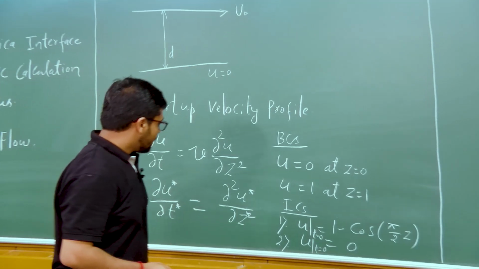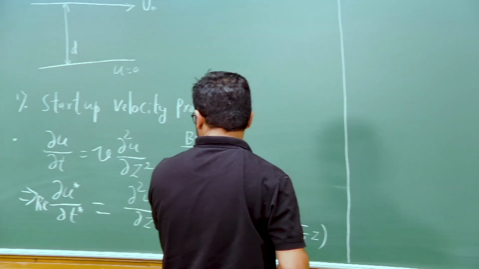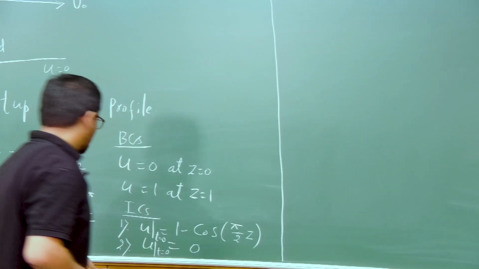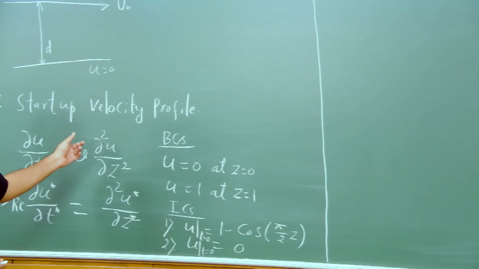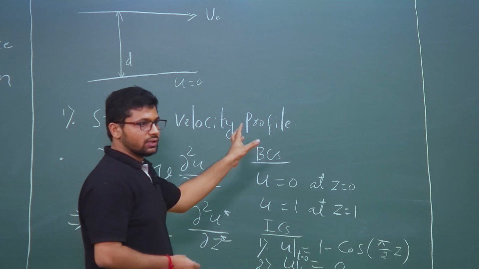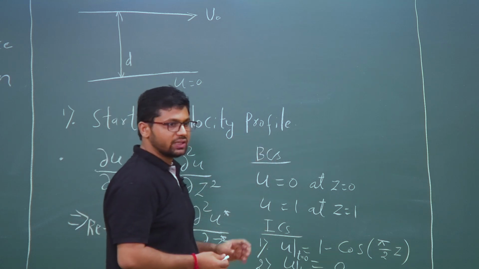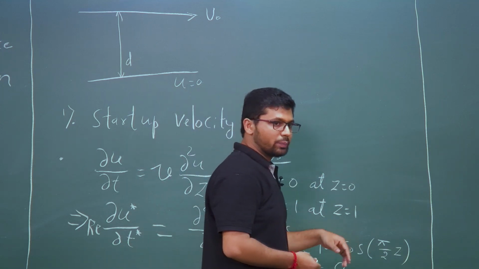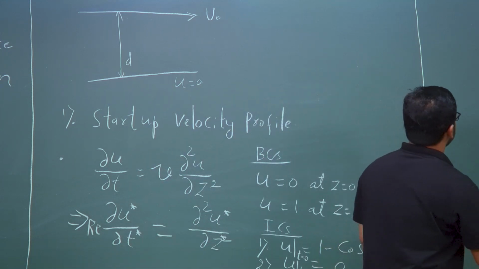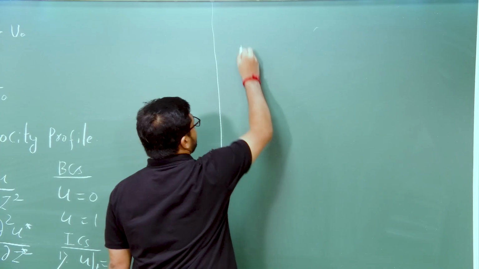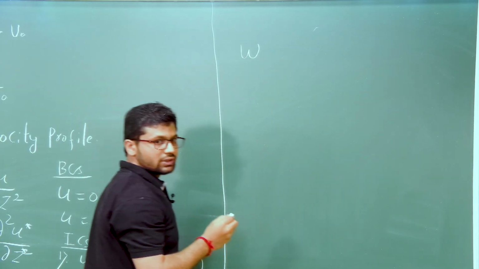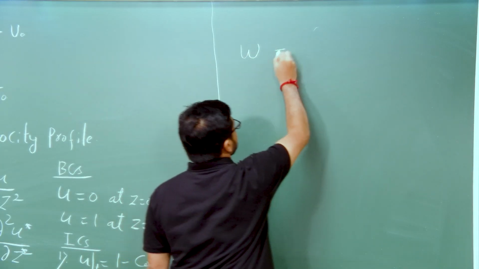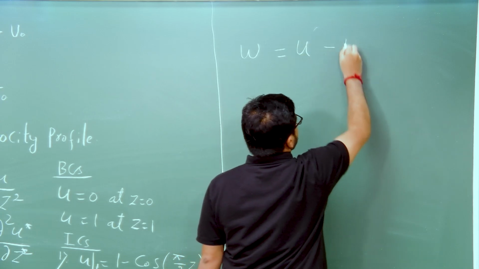Before that, I want to do one other thing, because we are solving a startup problem. Sir had first introduced another variable, the deviation velocity, and for that he had obtained the profile. So, I will also proceed in the same way. I will take w as the deviation velocity, and it is nothing but u minus u steady state.